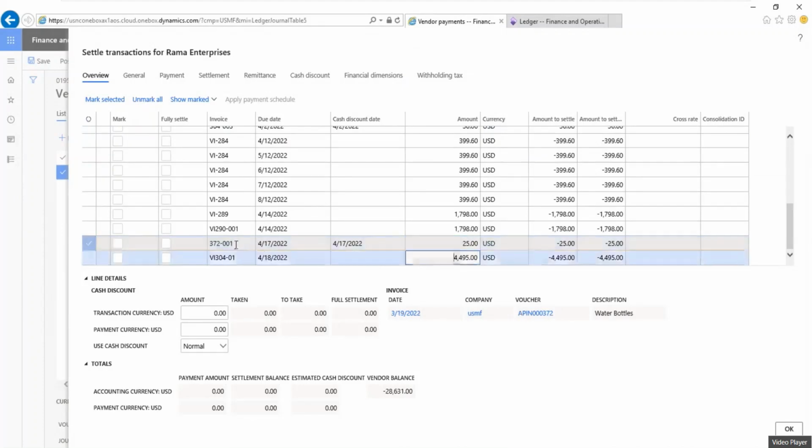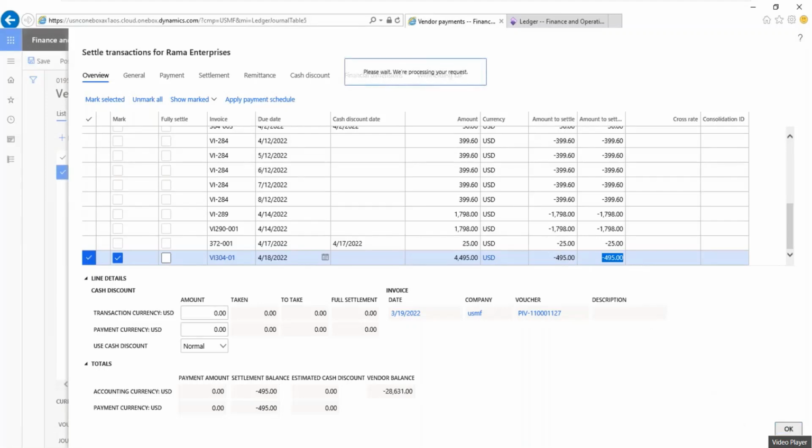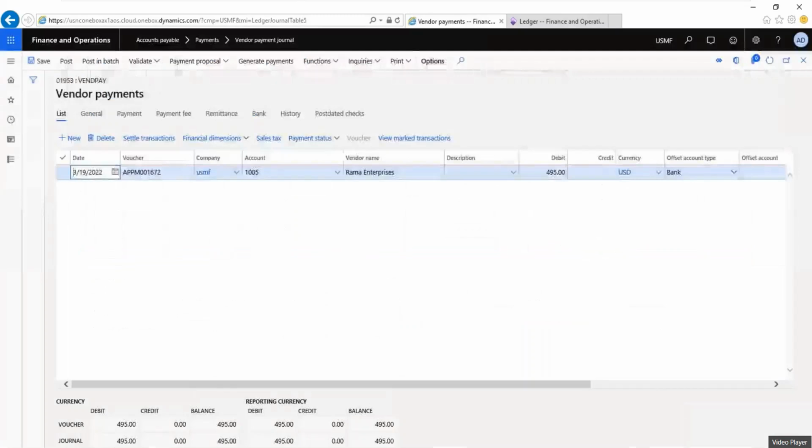Invoice number is 372-001, BH0304-001. You can select this one. If you want to do partial payment, you can select how much amount you want to pay. 495. Click OK. Instead of 4,495, I'm paying only 495 to the vendor.